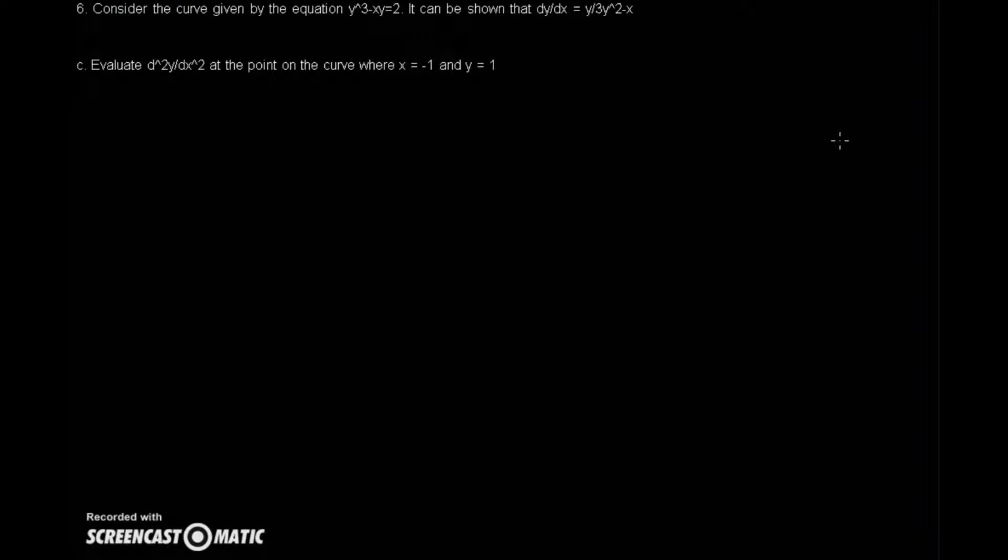So for the third question, we're going to use a basic derivative rule, which is the quotient rule, and it states that the derivative of u over v equals u prime v minus u v prime over v squared.